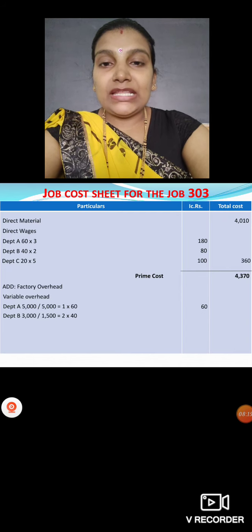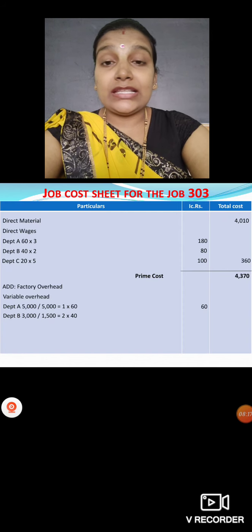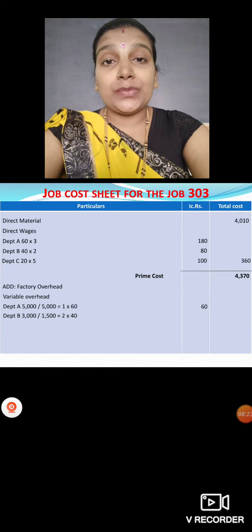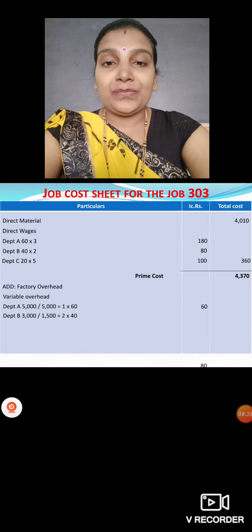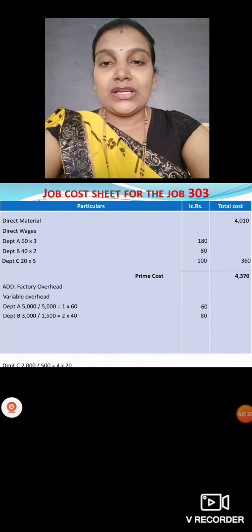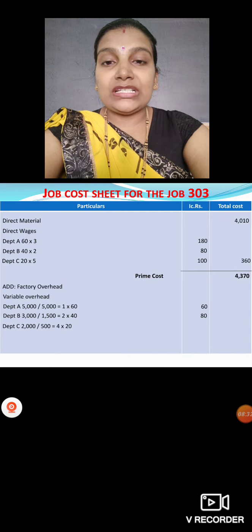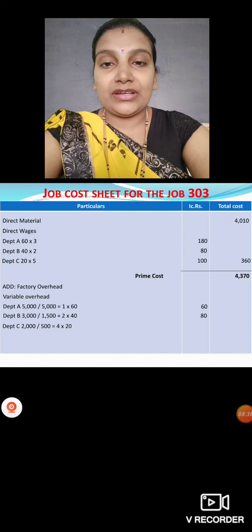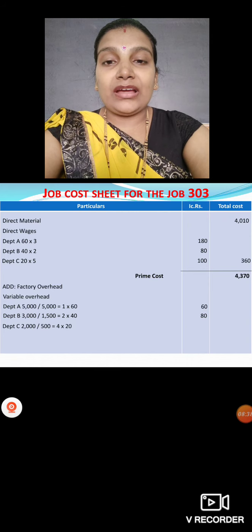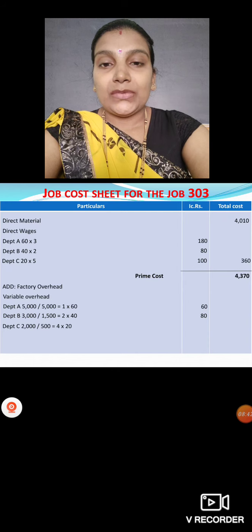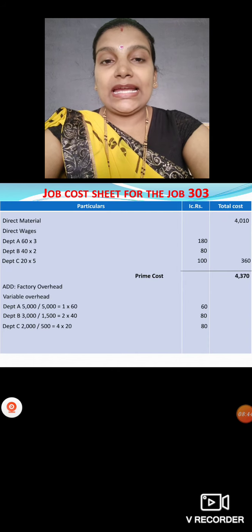Then Department B, 3000 rupees for 1500 labor hours. So 3000 divided by 1500, 2 rupees per labor hour. So 2 rupees into 40 hours, you will get 80 rupees. Then Department C, 2000 divided by 500, because 2000 is given for 500 labor hours. So you will get rupees 4 per hour into 20 hours, you will get 80 rupees.